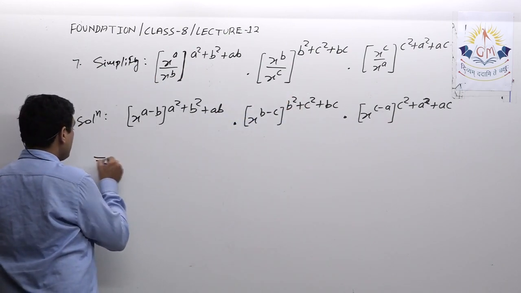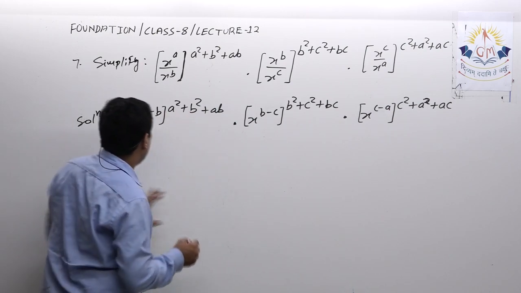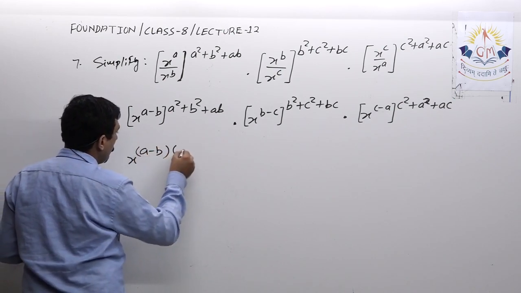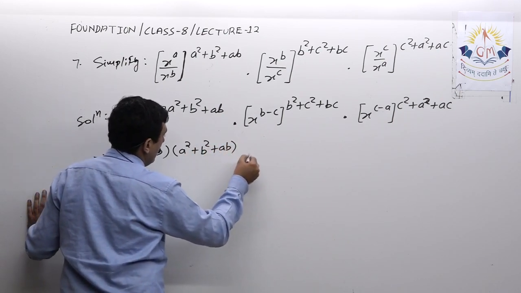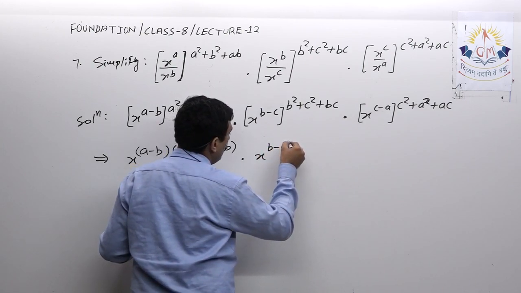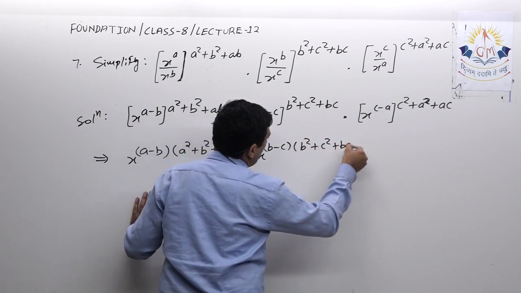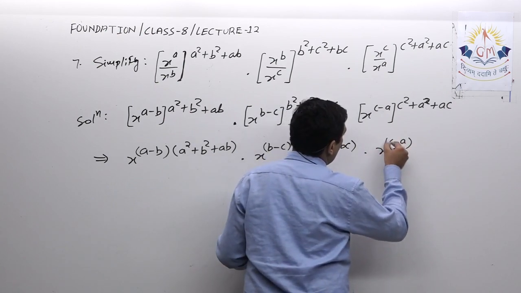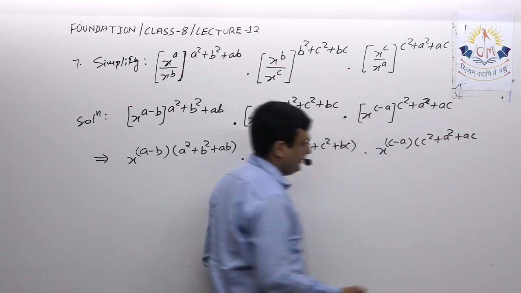Now in next term I will apply the power law, a minus b multiplied by this. So x raised to a minus b multiplied by a square plus b square plus ab into x raised to b minus c multiplied by b square plus c square plus bc into x raised to c minus a multiplied by c square plus a square plus ac.